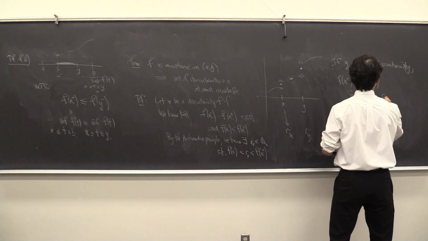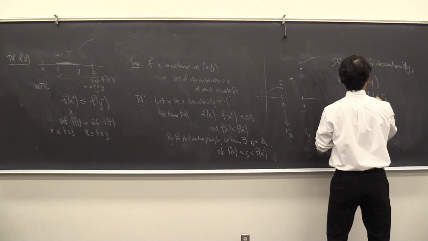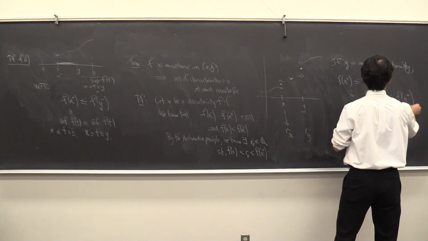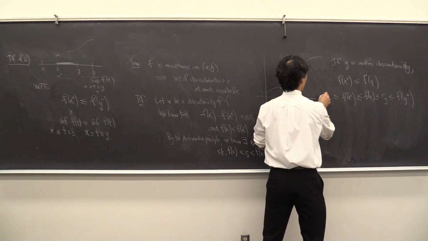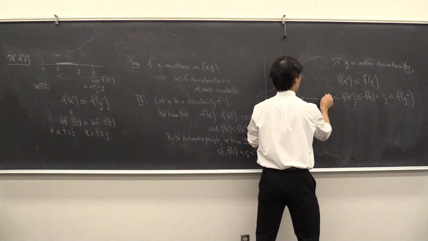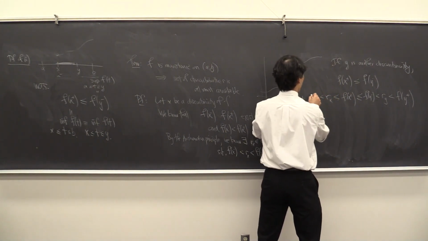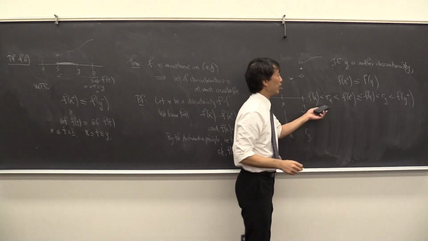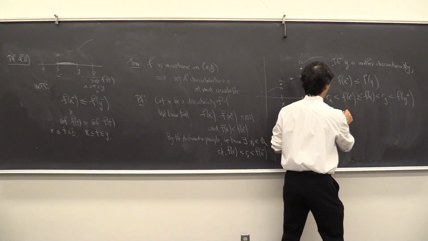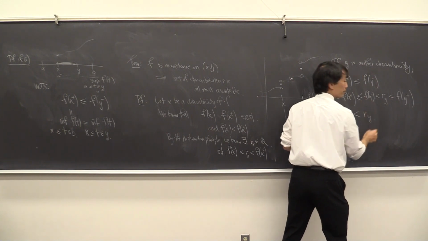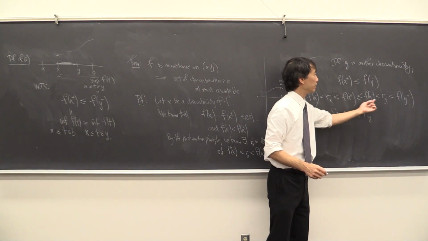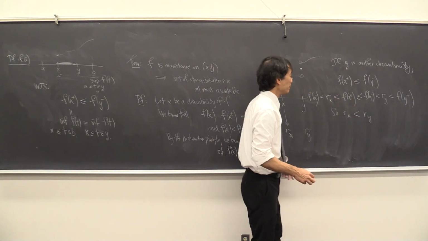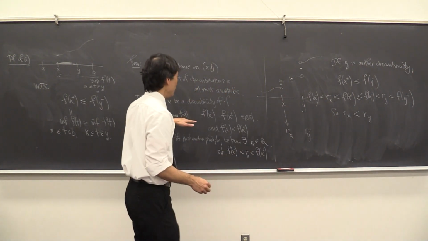So R sub y lies in this interval. But this is bigger than or equal to f plus x. Sorry, this should be less than. So R sub x is strictly less than R sub y. They can't be equal to each other, because of the inequality here and here. Or just here. So what does that give you?